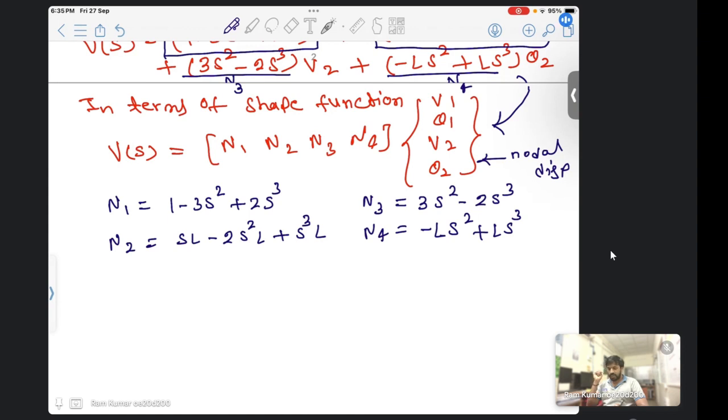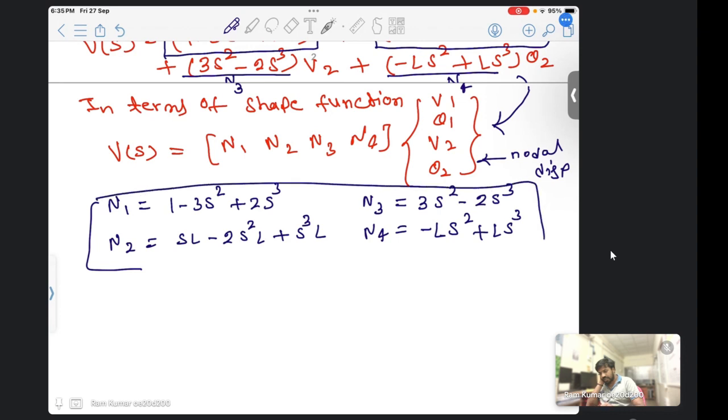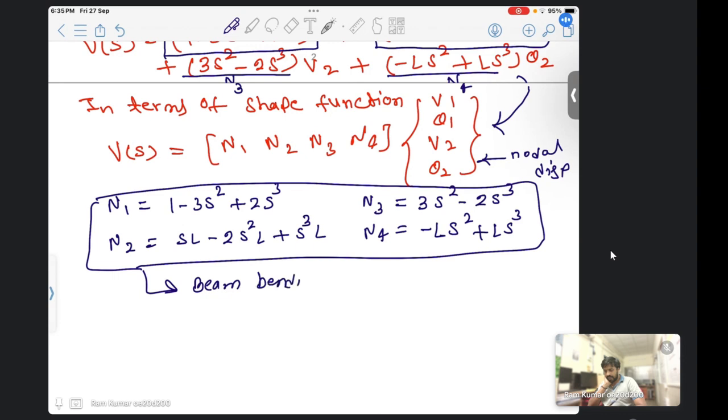So what are n1, n2, n3? These are the beam bending shape functions. Someone calls them shape functions, someone calls them shear functions also.